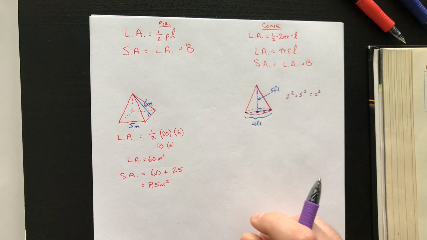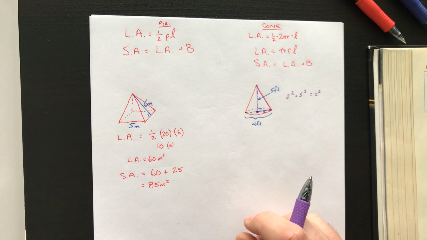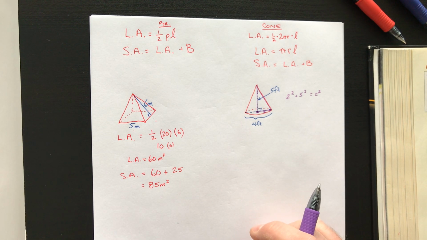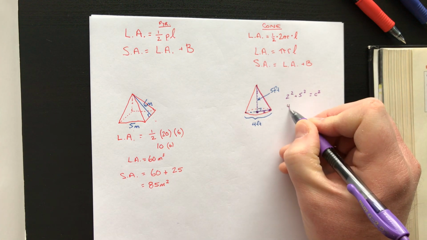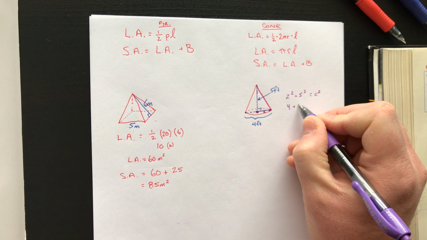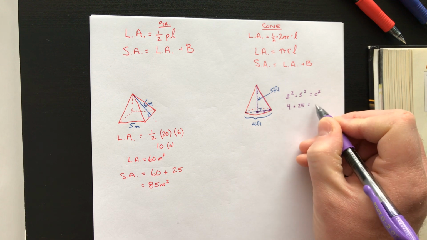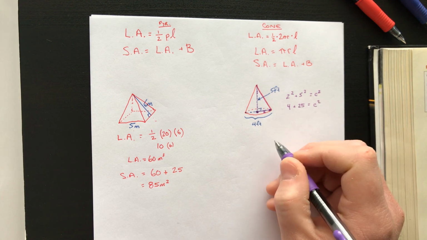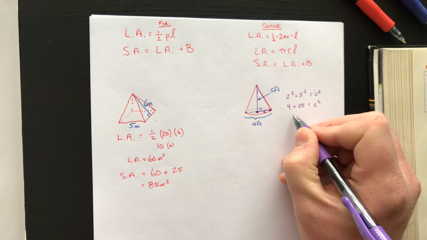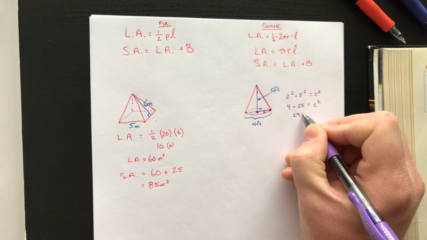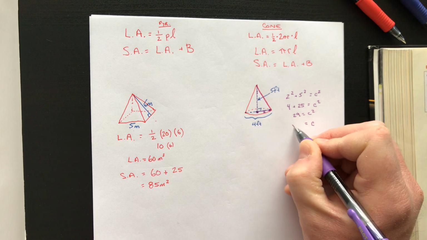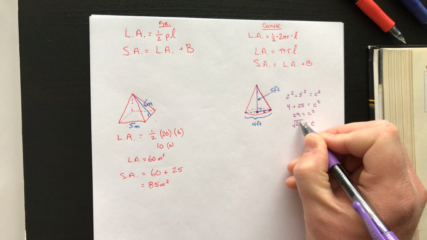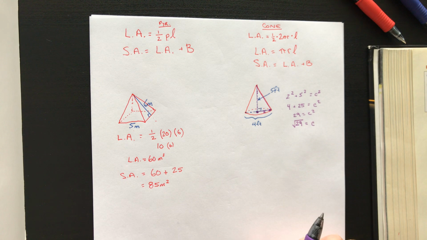And in this case, c is going to be the slant height. So we have 4 plus 25 is equal to c squared, and 29 is equal to c squared. So c is equal to the square root of 29. We'll just leave it like that. If you want to change it to decimals, that's fine too.